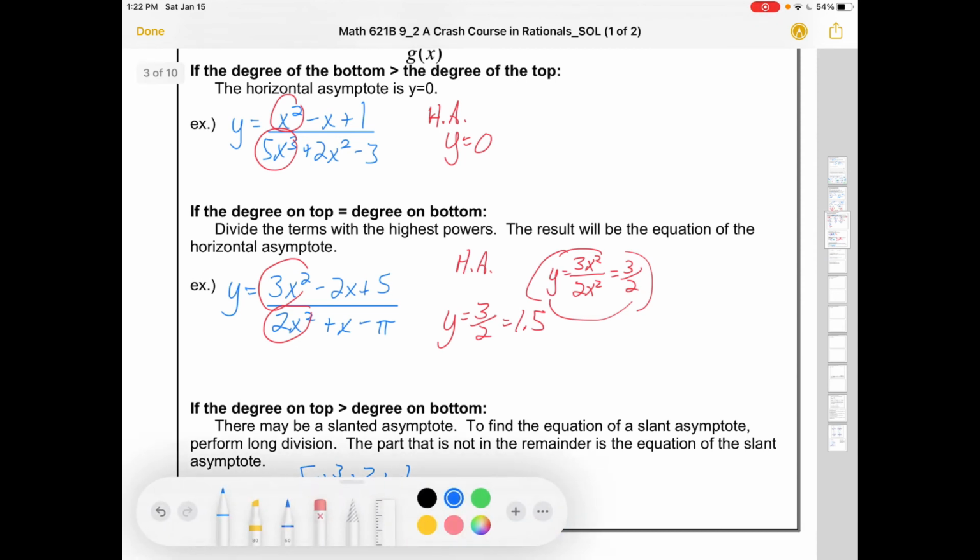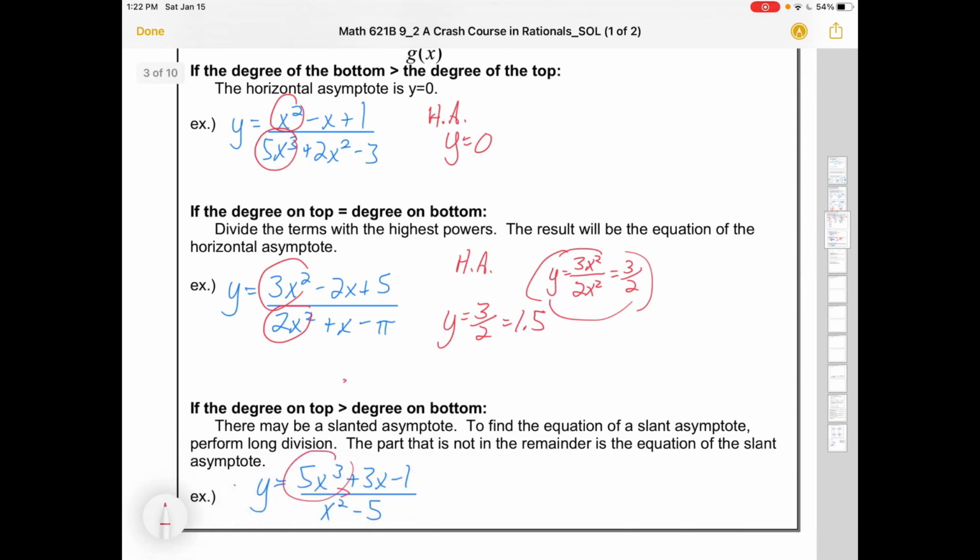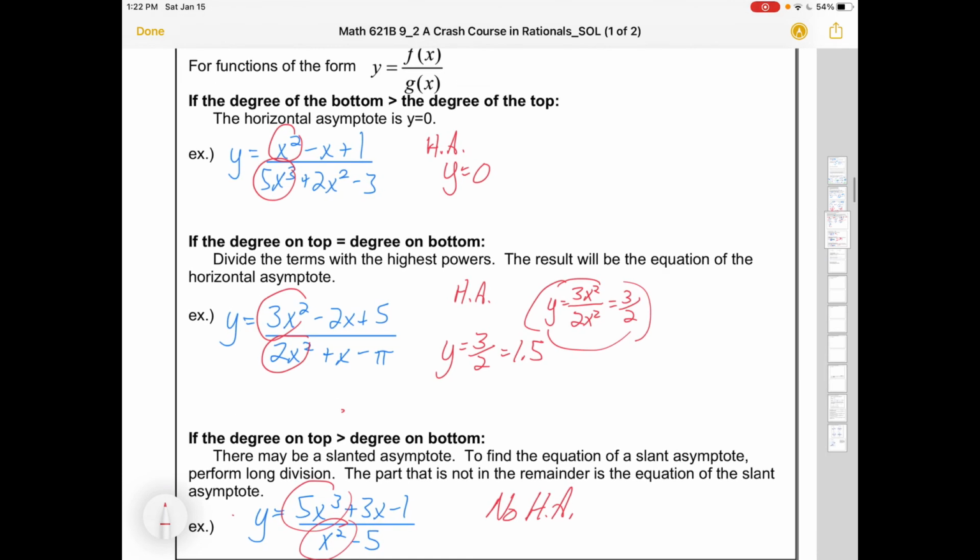Highest power is on the top, okay? So no horizontal asymptote. I'll show you how to find those slanted asymptotes when we do one of the examples. But finding horizontal asymptotes is no big deal. You just compare the drivers, or the highest degree, on each of the top and bottom.